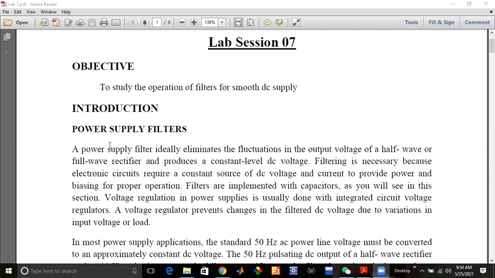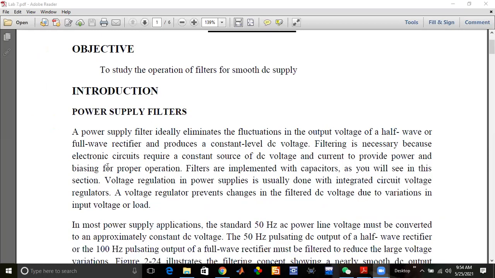Power supply filters. A power supply filter ideally eliminates the fluctuation in the output voltage of a half-wave or full-wave rectifier and produces a constant level of DC voltage. The filter is necessary because electronic circuits require a constant source of DC, not a fluctuating source.